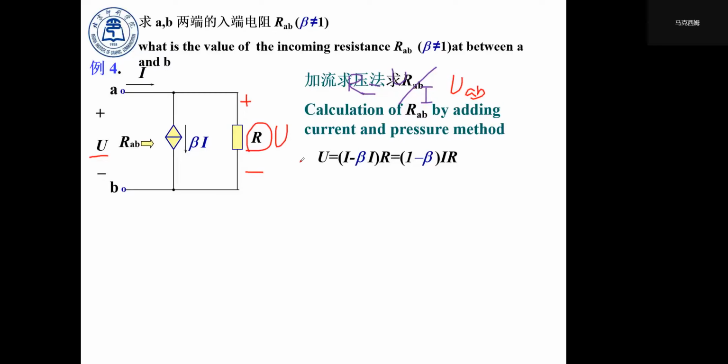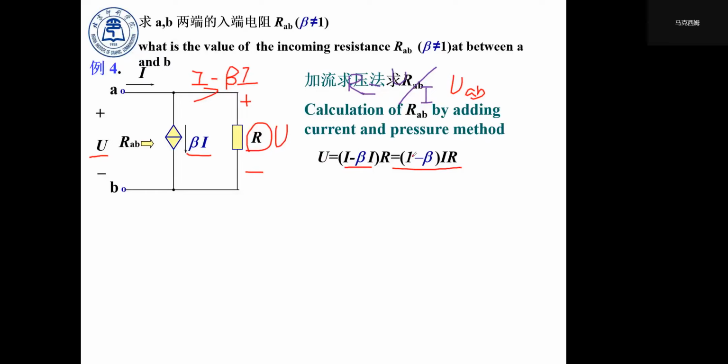The current that runs through the resistor equals I minus beta I, where beta I is in this branch. By using KCL, the current that flows through resistor R equals I minus beta I, and we can reduce it into this form.